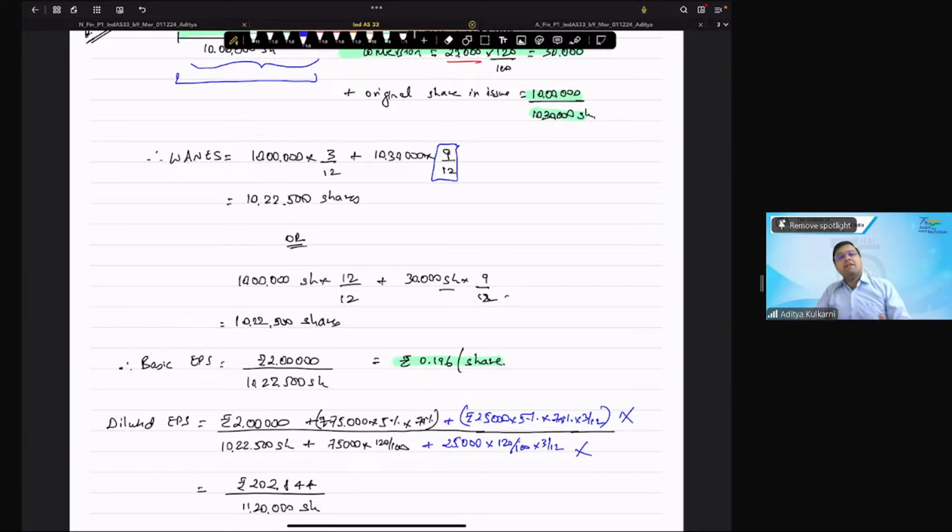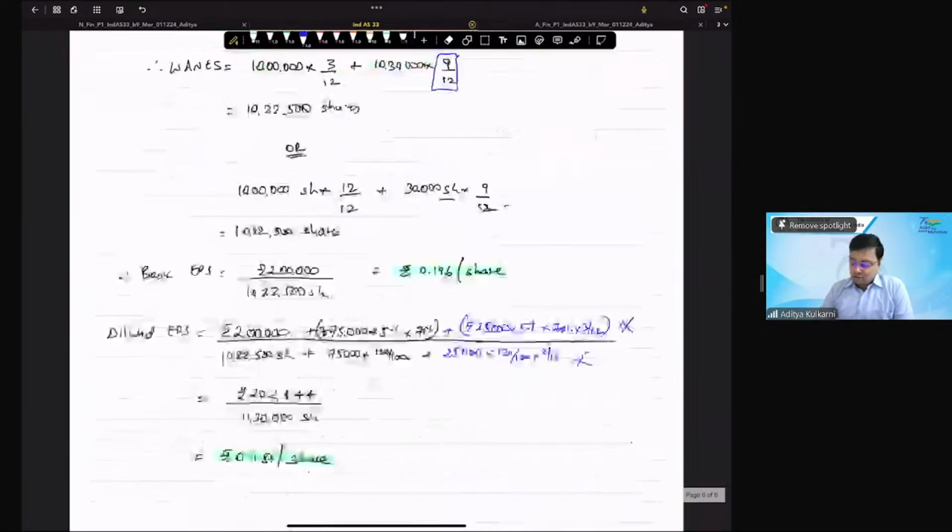So therefore they were dilutive shares for the entire year, and they came into basic only from next year onwards. Just the last day they have been converted, so they will come into the basic EPS calculation from the next year onwards. But the dates of conversion will be given.